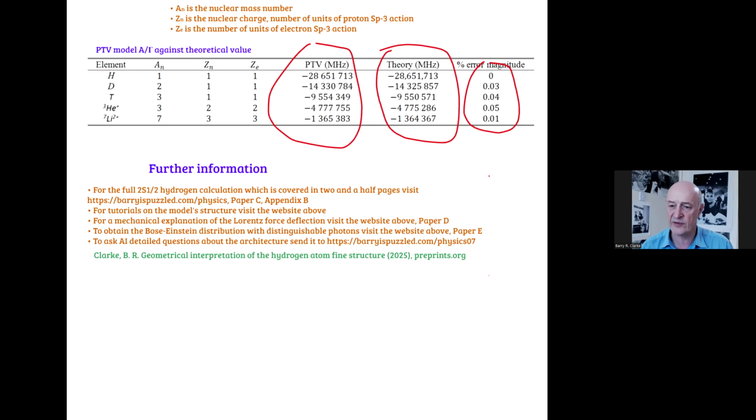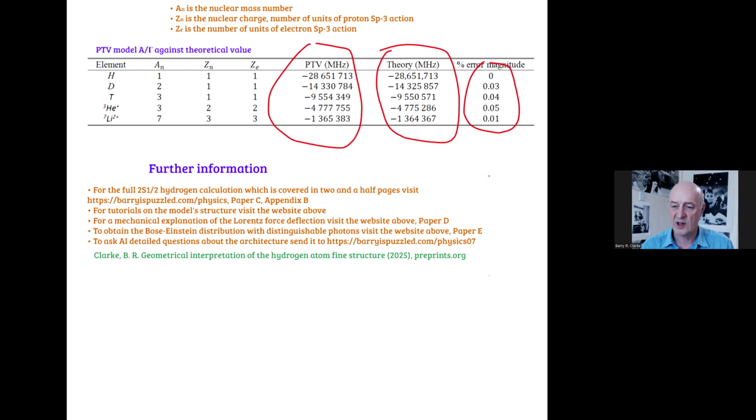We've got peer-reviewed papers which show the foundations of this model. We've got preprint papers on how this can be applied to the Lorentz force deflection. There's a mechanism, a toroidal dynamics, which will predict the deflection. The theory has been applied to Bose-Einstein statistics with distinguishable photons.